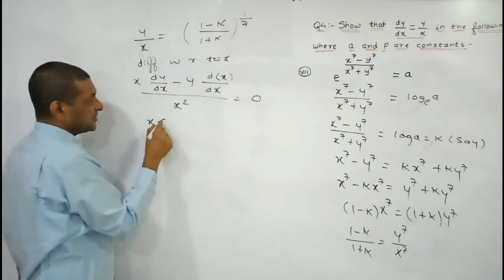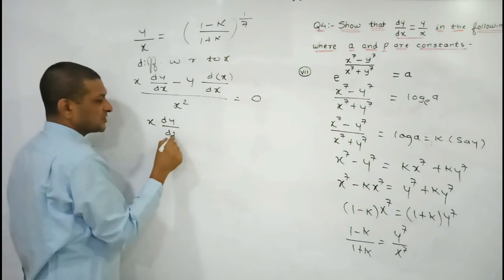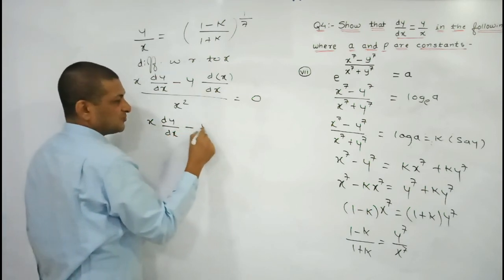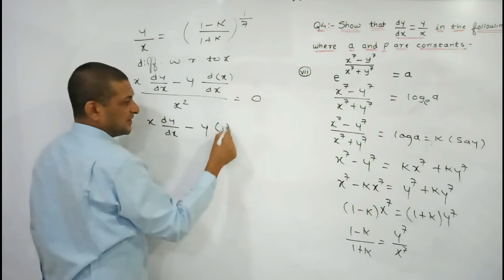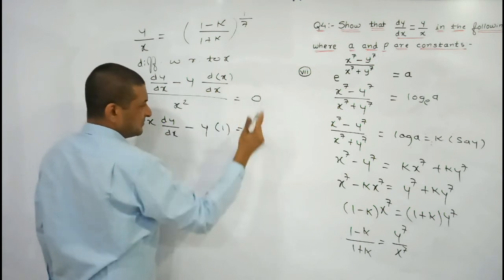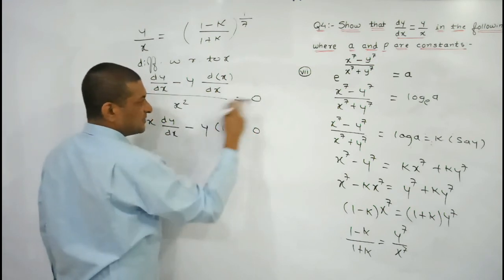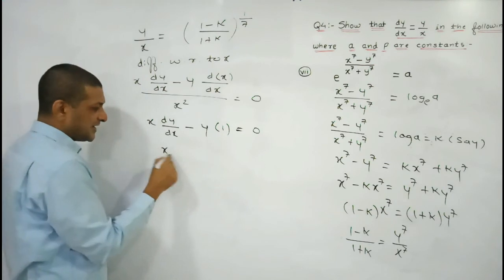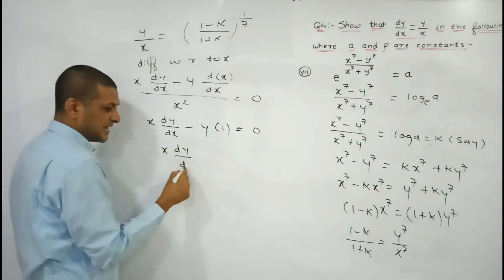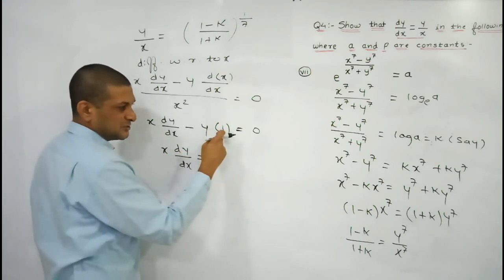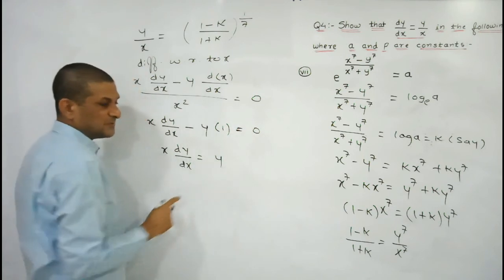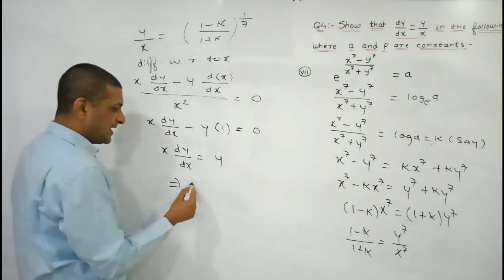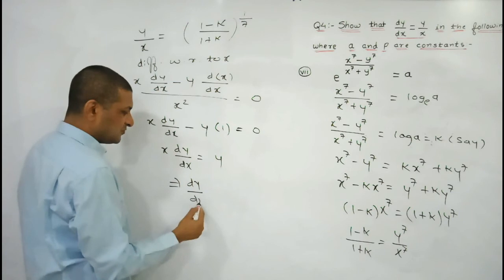So x into dy by dx, keep it as it is, minus y as it is, the derivative of x is 1, and x square on this side will get multiplied with 0, so x square into 0 is 0. Here x dy by dx, minus y into 1 is minus y; on this side it will become plus y, which implies dy by dx will be equal to y by x.